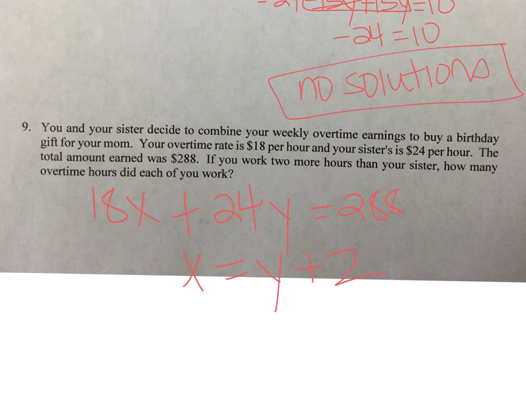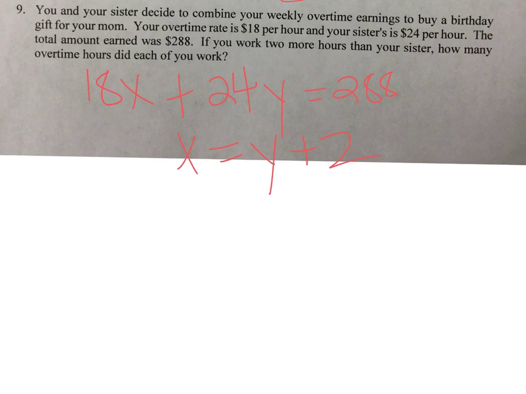If we find X, that's going to tell us how many overtime hours you worked. If we find Y, that'll tell you how many overtime hours your sister worked. Okay, and then we'll just double check ourselves. All right, conveniently, we have a variable that is isolated already. Okay, so we have X equals Y plus 2.